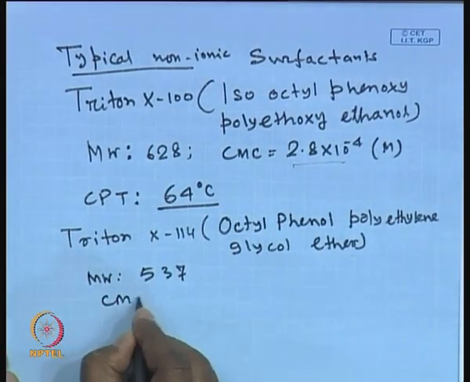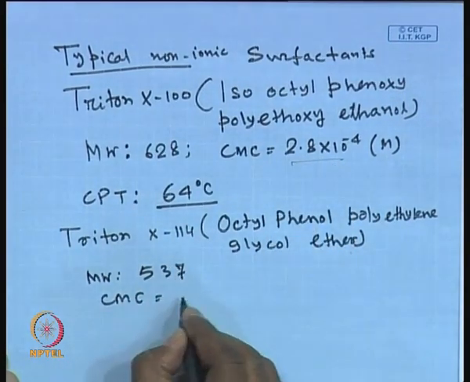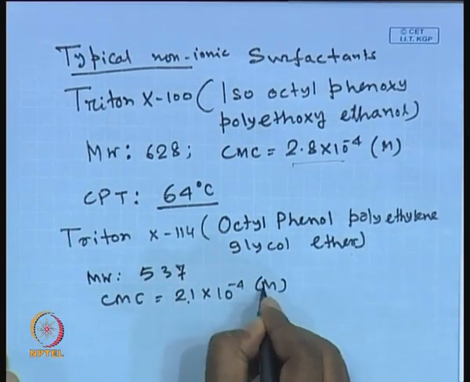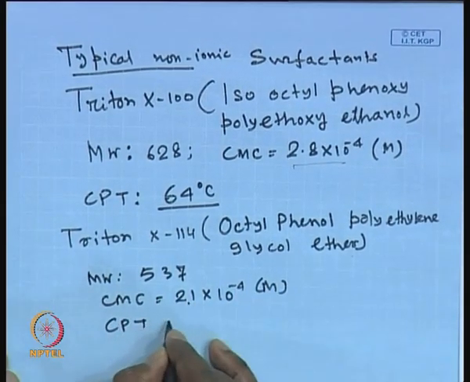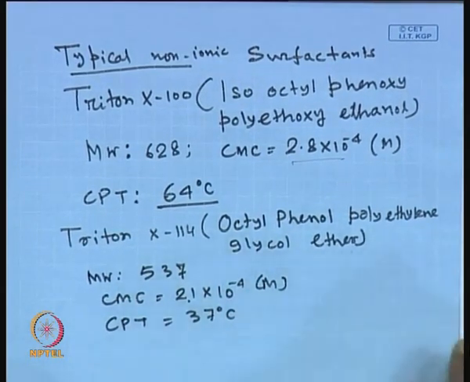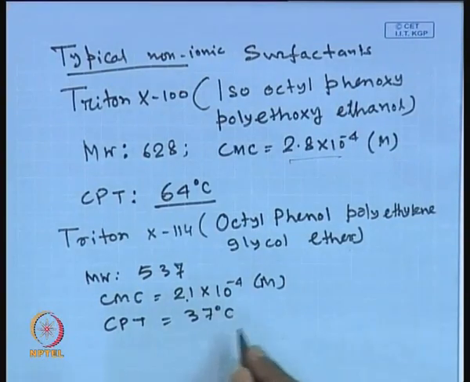It has a CMC in the same order of magnitude as that of Triton X100. It is 2.1 into 10 to the power minus 4 molar, and it has a cloud point temperature of 37 degrees centigrade. So, the drastic difference between the two surfactants is that Triton X100 has a cloud point temperature quite high, 64 degrees centigrade. On the other hand, Triton X114 has a cloud point temperature almost half of it, very close to 40 degrees centigrade, it is 37 degrees centigrade.